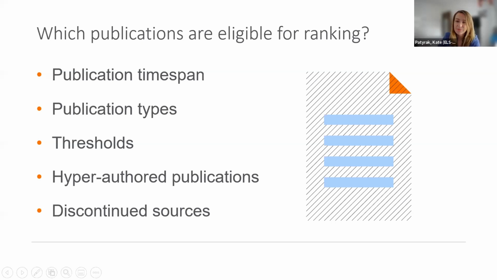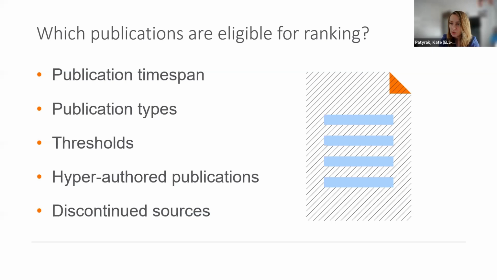First of all, we look at the publication time span: publications published in the last 5 years. For the last edition that was already published, it was from January 2016 to December 2020. And we used citations to these publications made between January 2016 and the 1st of July 2021.